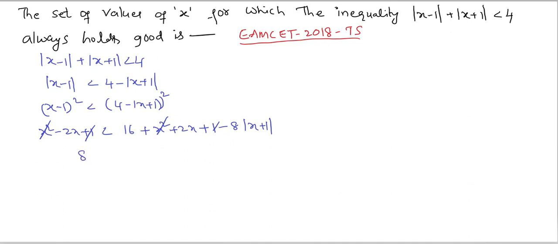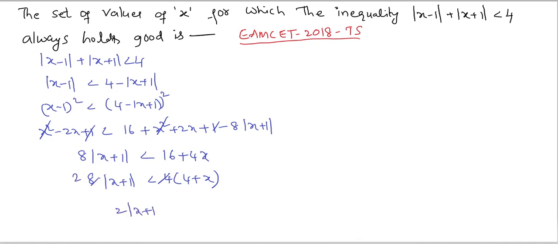This is 8 into mod of x plus 1, which is less than 16 plus 4x. 8 into mod of x plus 1 is less than, taking 4 common, 4 into 4 plus x. 4, 2 times cancelled. 2 into mod of x plus 1, which is less than 4 plus x.